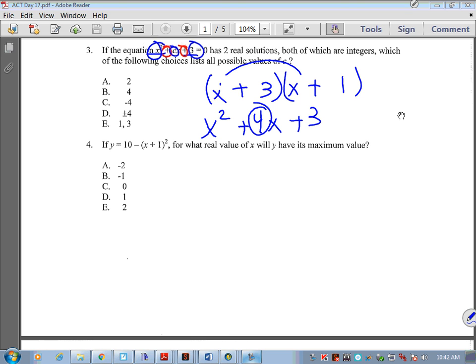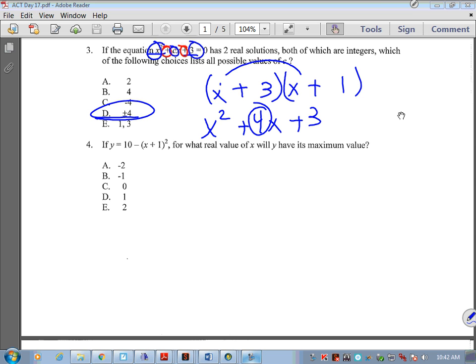Here's the issue: if x equals -1, so if we plugged in -1 for x, then -1 times -1 would be +1. It would still match up with x squared, but 4 times -1 would be a -4. So that's how I can get a positive and a -4 there.